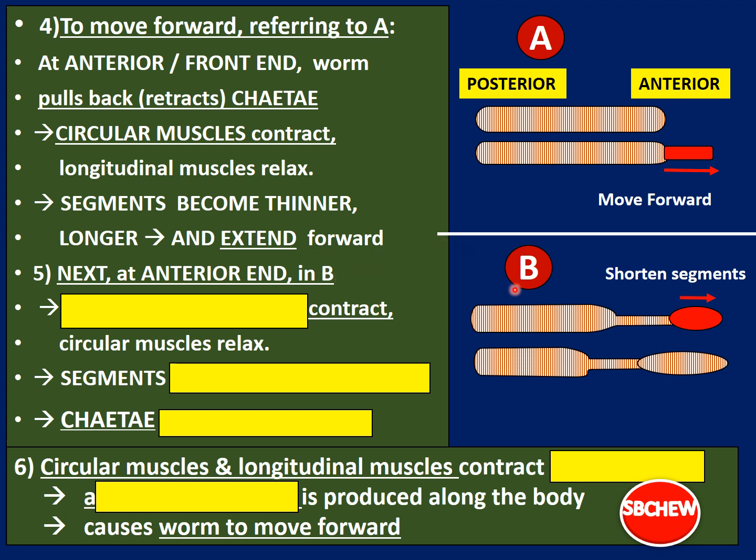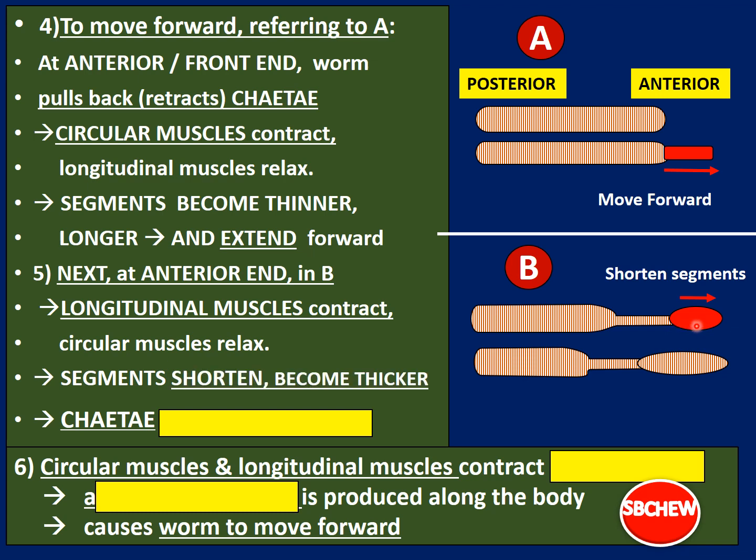Next, for B, the second diagram, the opposite occurs. Which muscles will contract here? Longitudinal muscles contract instead and circular muscles relax. The segments will become shorter and thicker. You can see it's thicker than at the beginning.